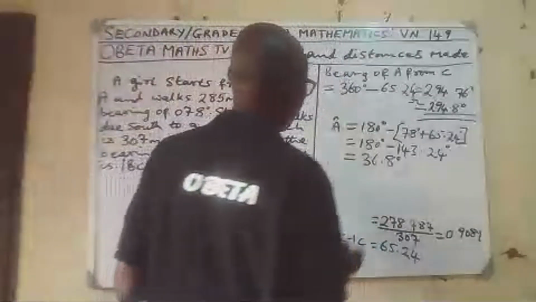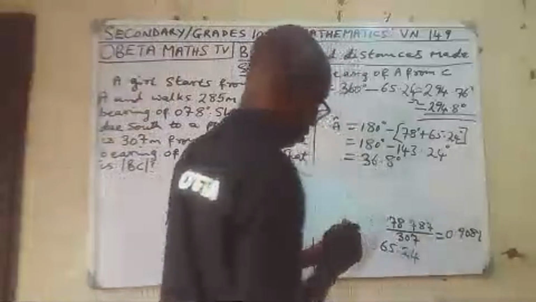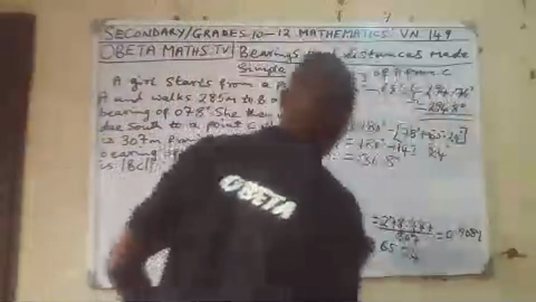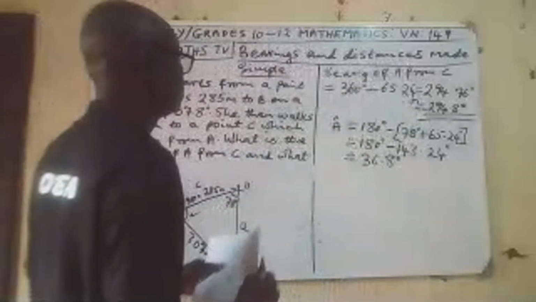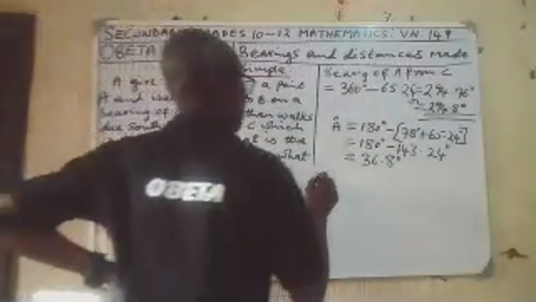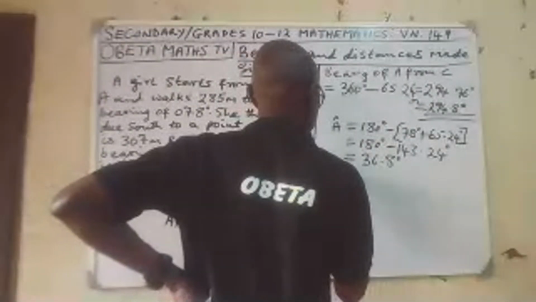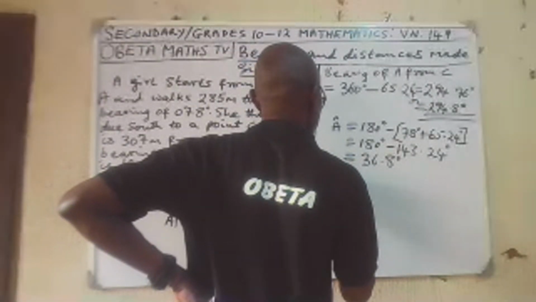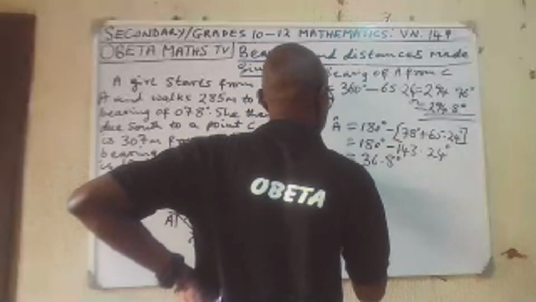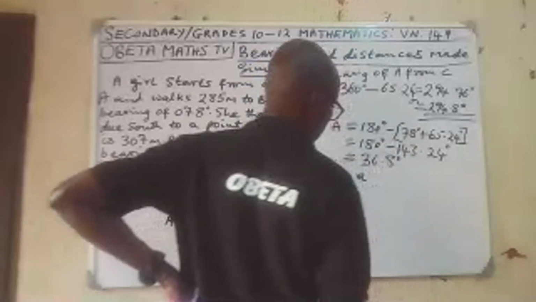So we have gotten our angle A to be this. The next thing for us to do is to calculate BC. So again, we use our formula. We know that BC is equal to a.